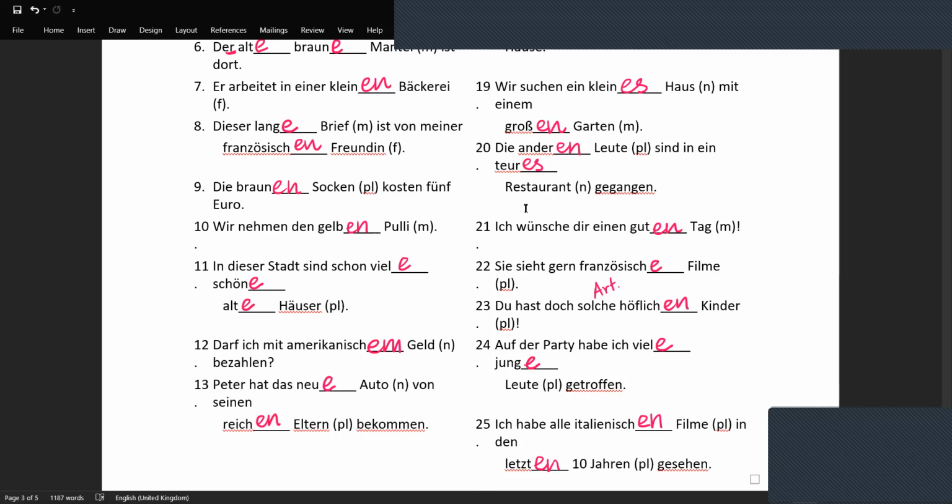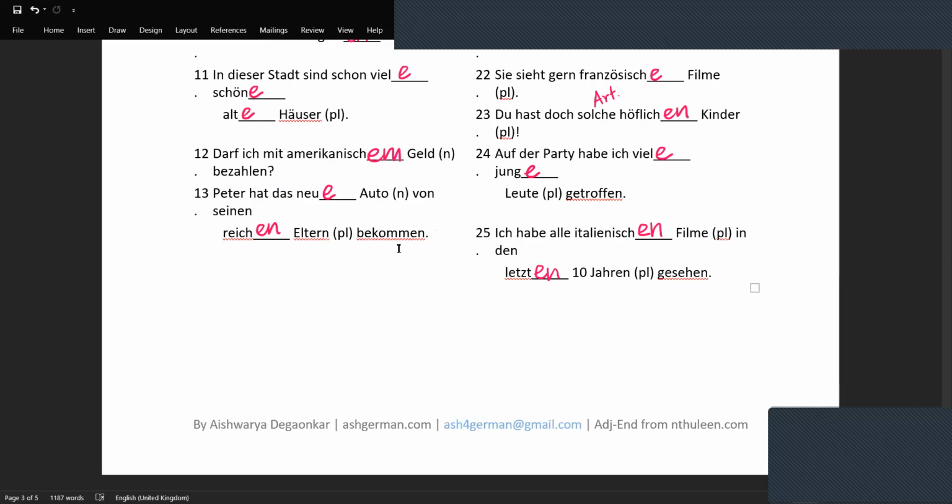So that's all there is about adjective endings. One last thing about what makes a word an article. I'll write some examples, some of which we already saw. Definite article, indefinite article, possessive article, negative article. Also demonstrative and interrogative articles.